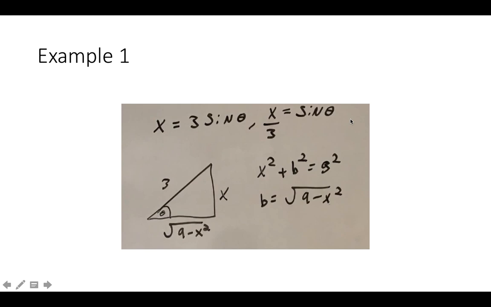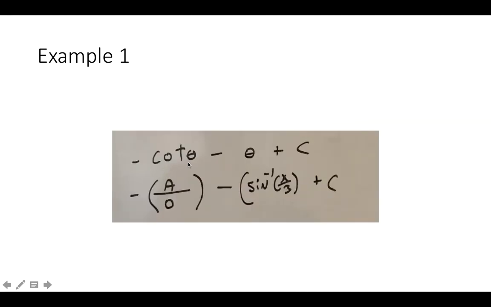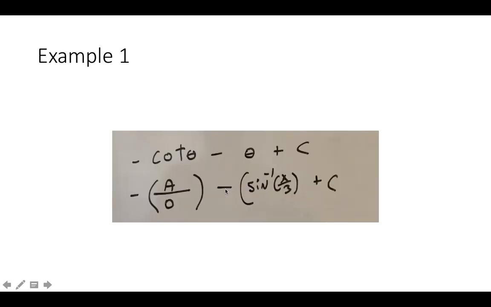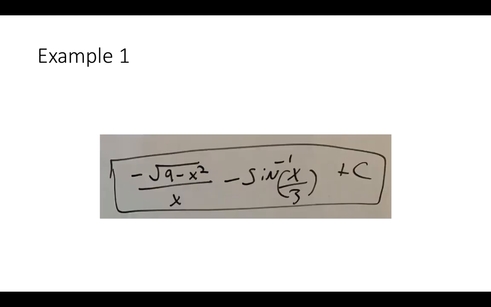That's how we solve for theta. For negative cotangent, I just factor the negative out. The definition of cotangent is adjacent over opposite. If we look at our triangle, our adjacent side is the square root of 9 minus x squared, and our opposite side is x. So we just input our values for that. And boom, there's our answer.